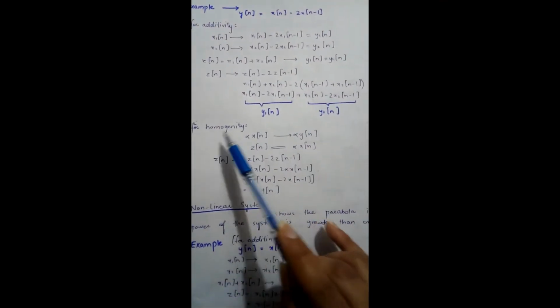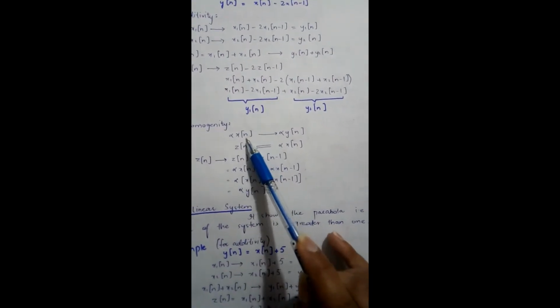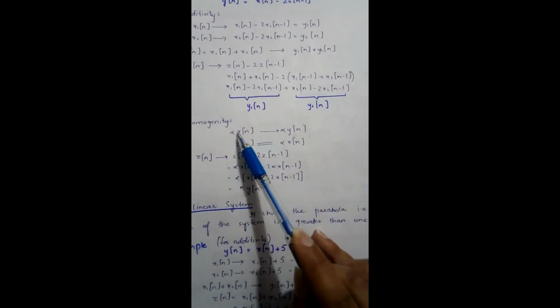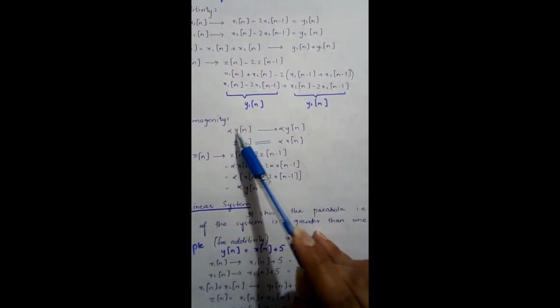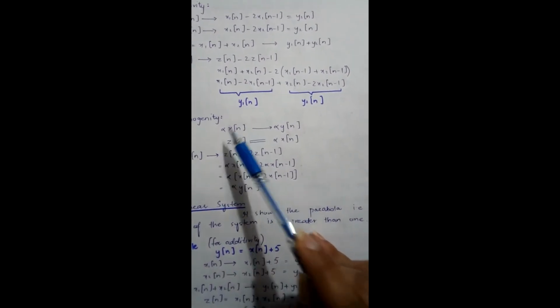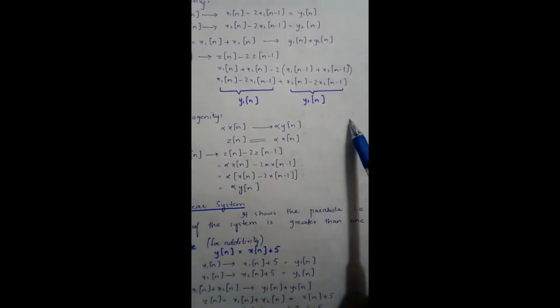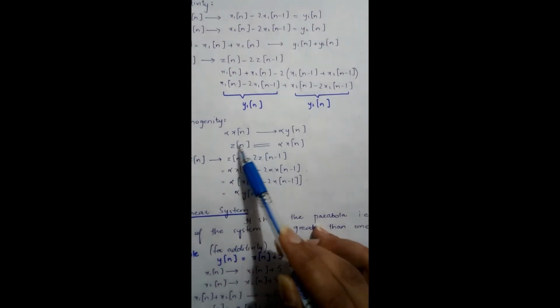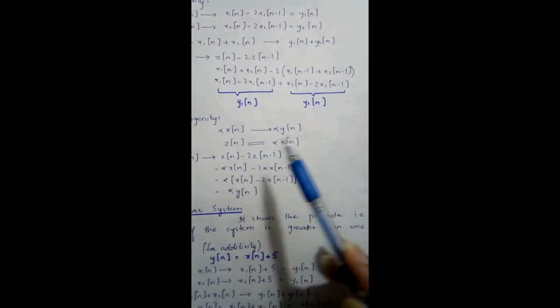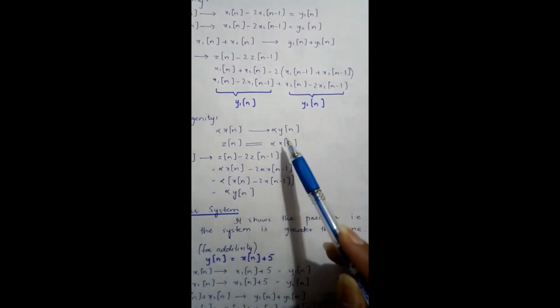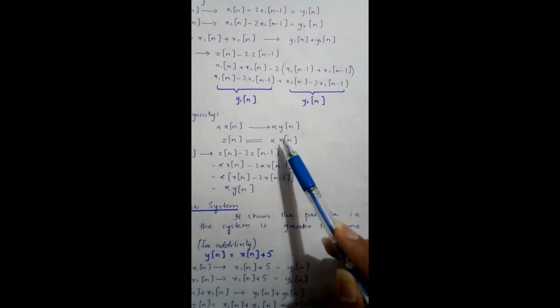Now for homogeneity checking, this is the system with x of n and y of n. If we multiply the input signal by a variable alpha, it shows also at the output signal. Z of n is the dummy variable. Similarly, it shows the output with alpha, like alpha x of n.